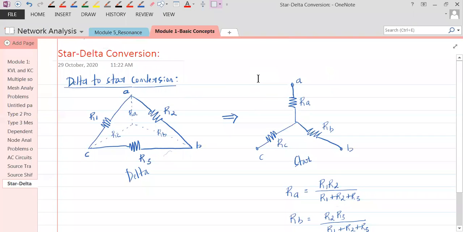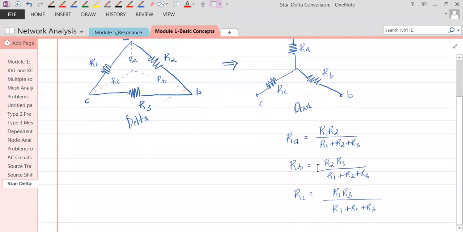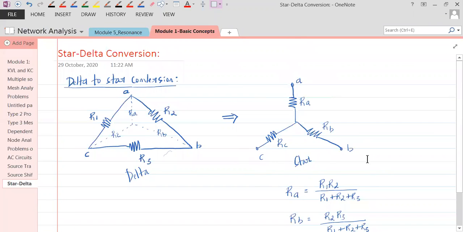Now we shall see how RA, RB, RC can be written as these. We shall see how we can obtain the equations for RA, RB, RC. This proof is sometimes asked: derive the equations for RA, RB, RC given the delta like this.